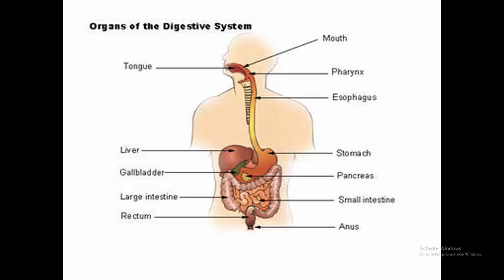The organs you see, such as the liver, play a role in digestion by secreting chemicals. The pancreas secretes chemicals. The gallbladder secretes chemicals, all of which help us extract nutrients from food, which is why if the liver, the gallbladder, or the pancreas are damaged, it alters our ability to use nutrients properly.